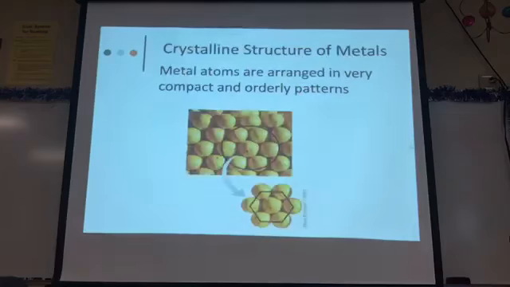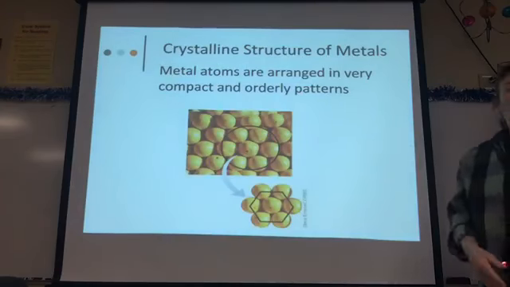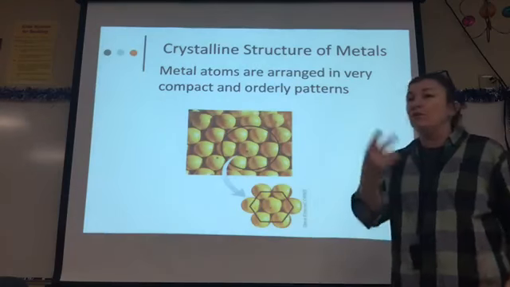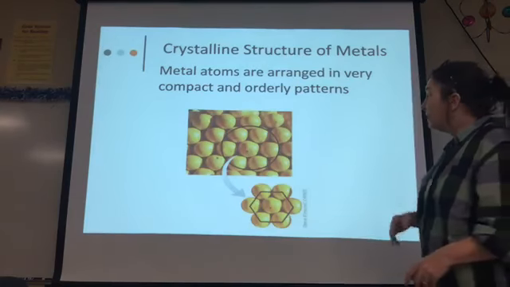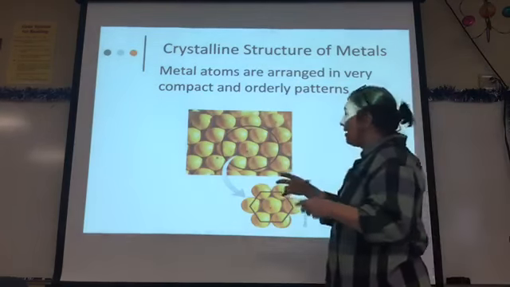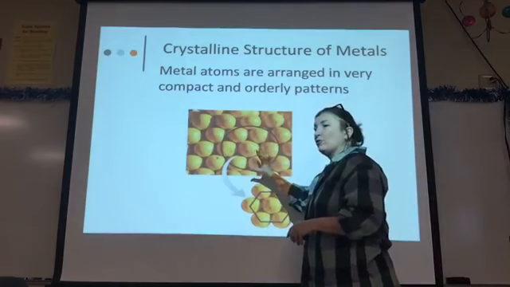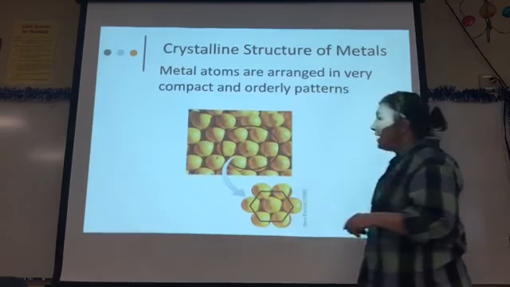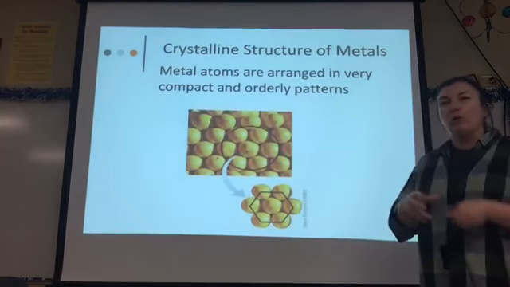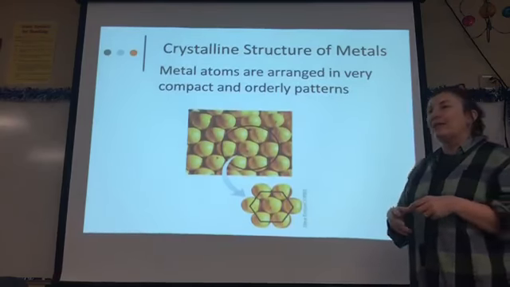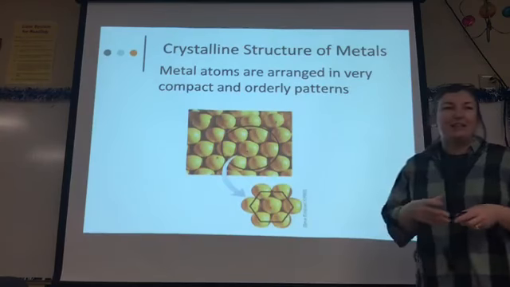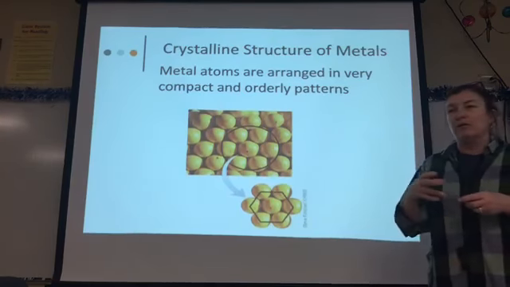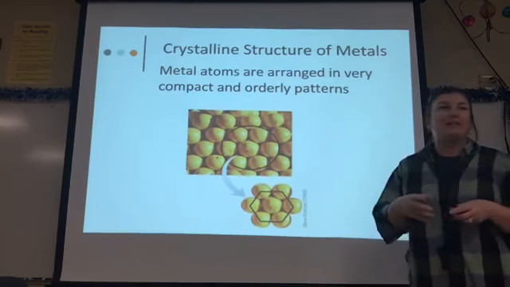So metals, again, their valence electrons just tend to roam. They're so loosely held, they just move around all the nuclei. And then the metals themselves have this crystalline structure, which is how all the nuclei line up. They're very compact and very orderly. We say that they're face-centered, or center face-centered, or square face-centered.